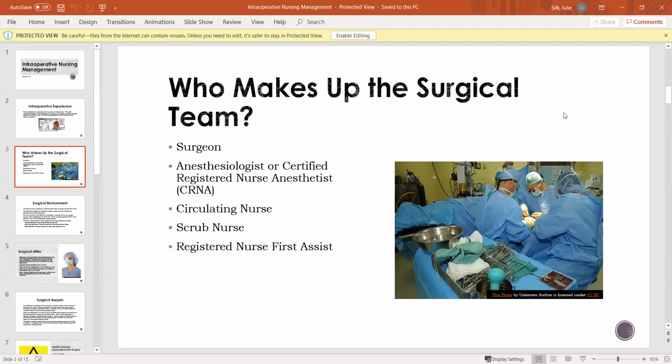This person is also going to verify consent. Remember when we talked about consent the other day, we said it's the surgeon's responsibility to get consent from the patient, not ours. But the nurse would be the one who verifies and is the witness that they signed their consent.